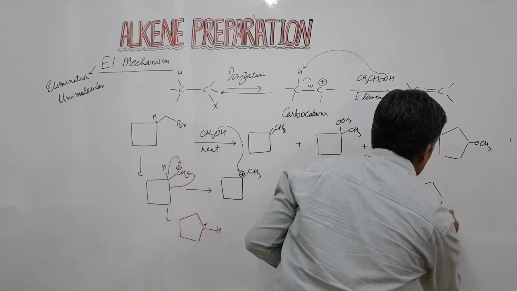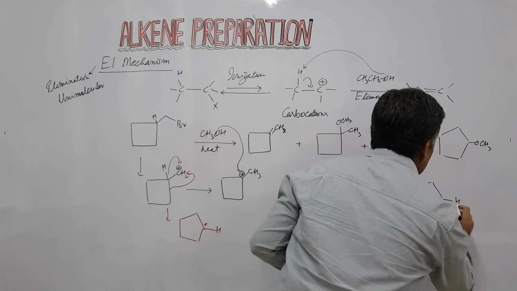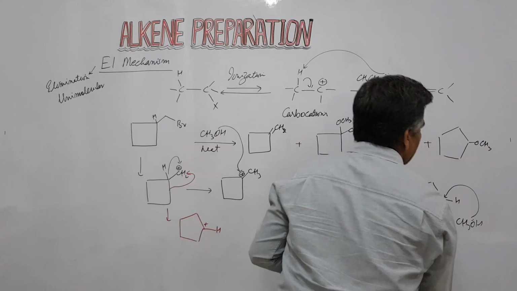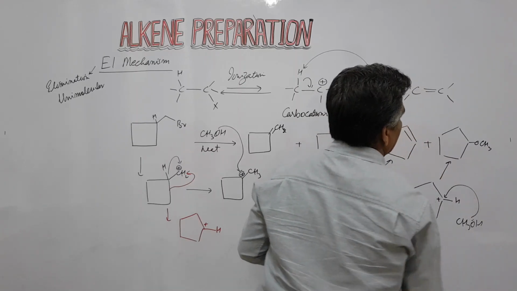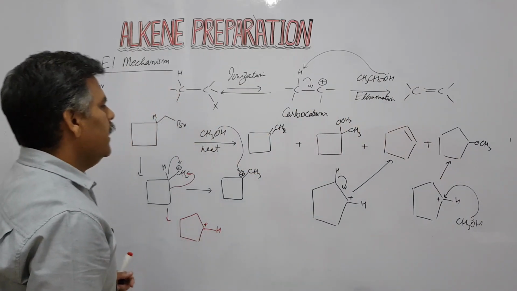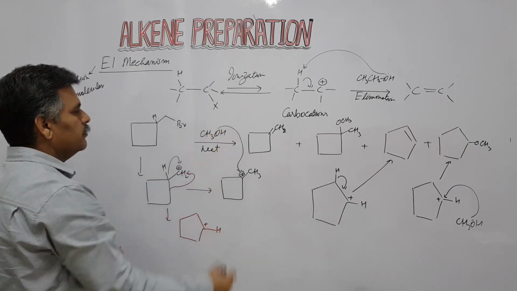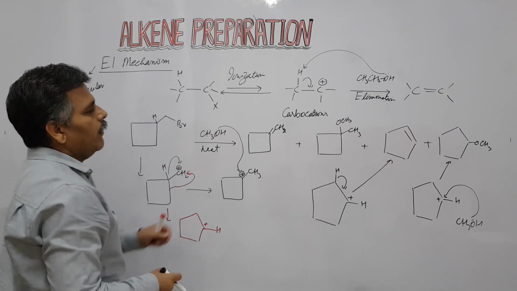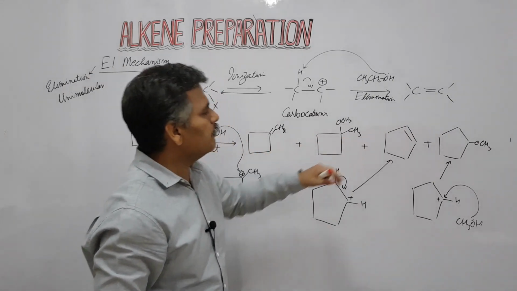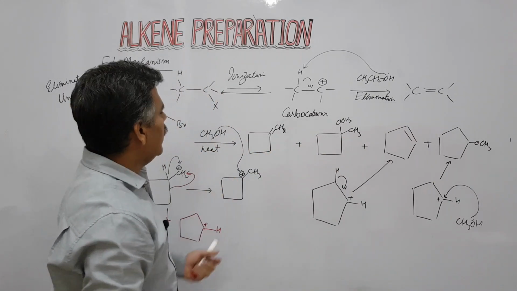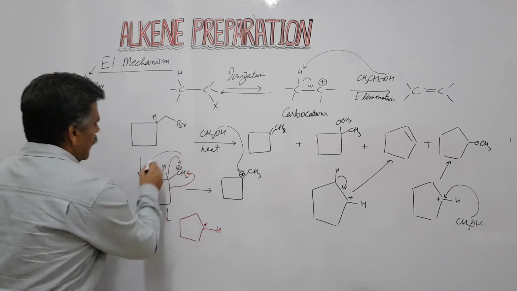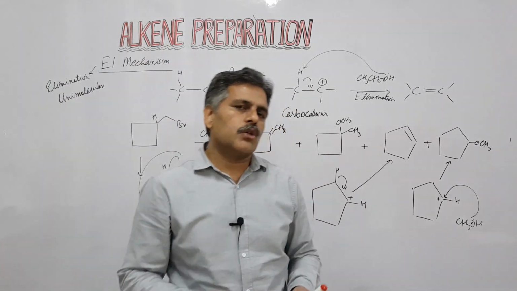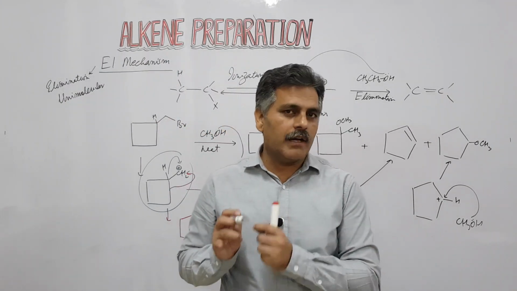And if CH3OH attacks as a nucleophile at this carbon, then we have this product. Okay, and methyl cyclobutene also forms as a product in this reaction. So the formation of these multiple products can be justified by rearrangement of this primary carbocation into secondary and tertiary carbocation.